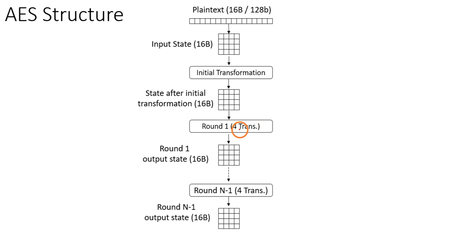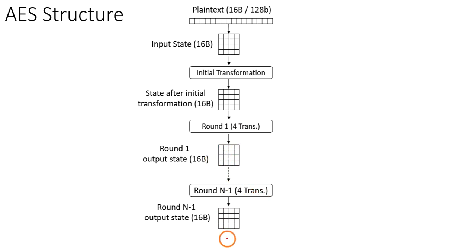We will see what those 4 transformation steps are. As I told you in the previous slide, the number of rounds can be 10, 12, or 14. In general, there are n rounds, and from round 1 to round n minus 1, in every round there are 4 transformations done on the input state.